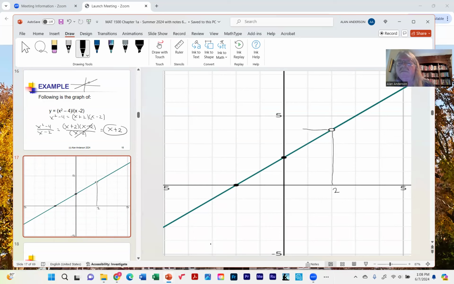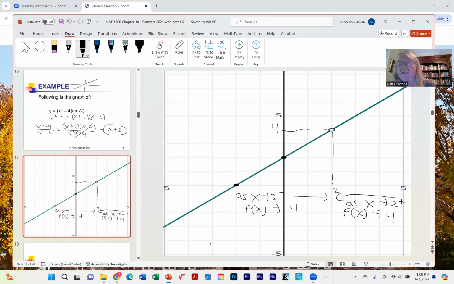So I think you can see what's going to happen here. As x approaches 2 from the left, f of x is approaching 4. Over here, as x approaches 2 from the right, f of x also approaches 4. It never quite reaches it, but it gets infinitesimally close to it. In other words, we can get as close as we want to 2 from the left or the right.